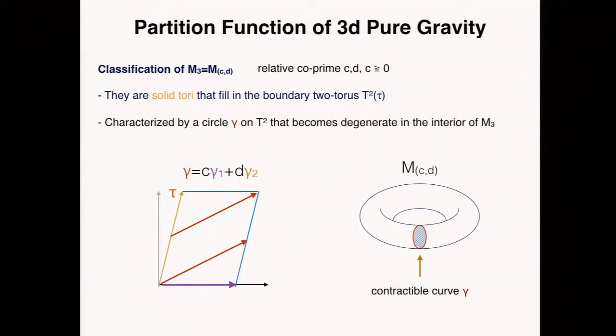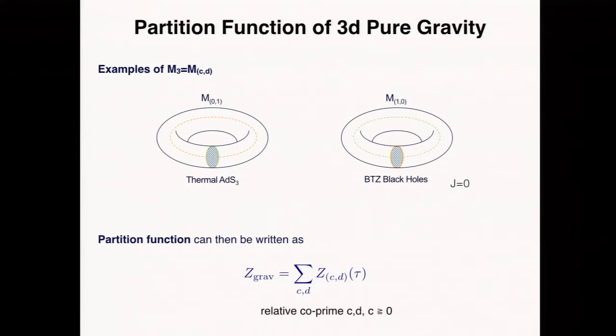This C and D basically characterize the circle direction on the boundary that is contractible. For example, in the thermal AdS3 case, the Euclidean time direction is compact, and for the BTZ black hole with zero angular momentum, the spatial direction will be compact and contractible.